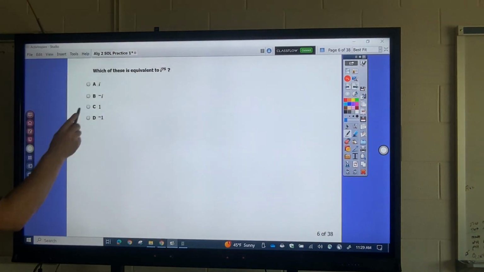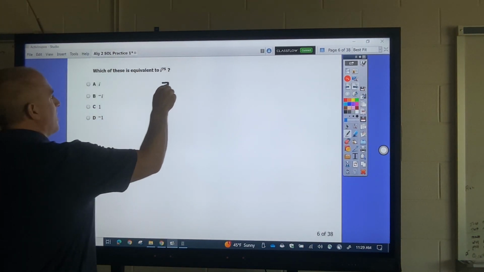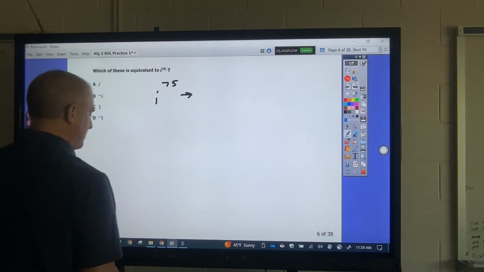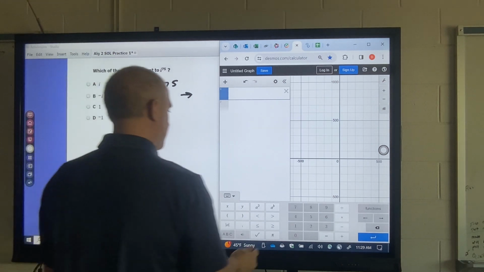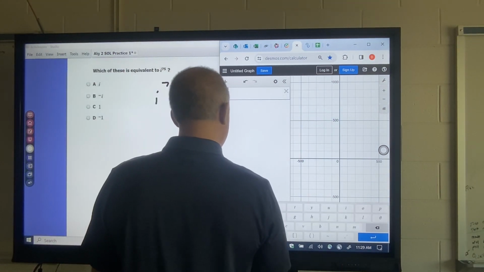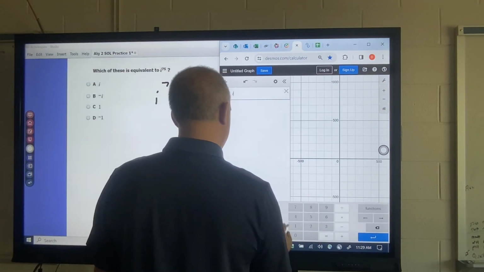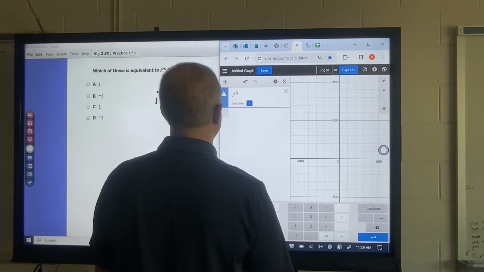What is equivalent to i to the 75? So what you have to understand is that i's work in increments. Now we have to use Desmos here. Okay, let's see. I don't think it will figure it out. No, it will not.